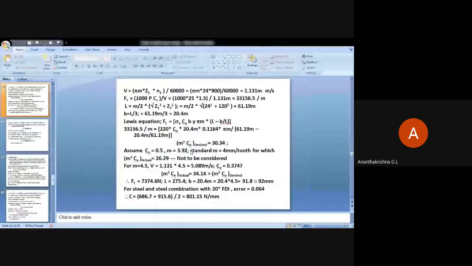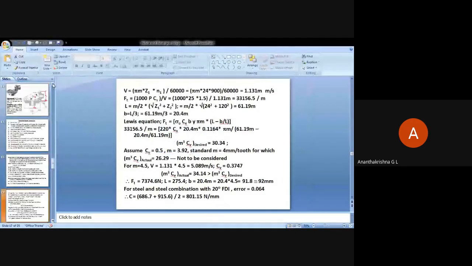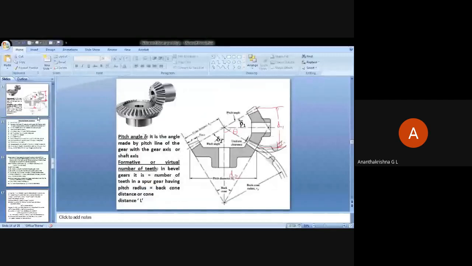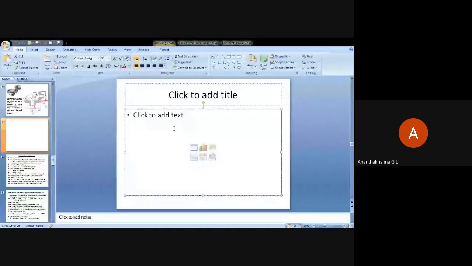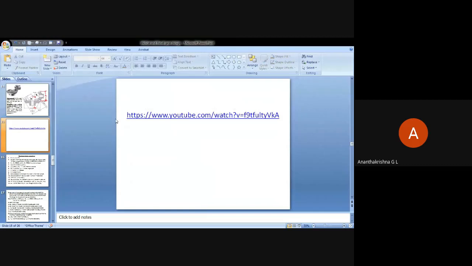Please calculate. What are you seeing on your screen now?